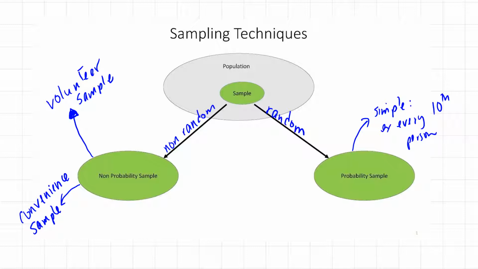That is an example of a simple random sample. You could layer them. In statistics, that's called stratified. So you're going to layer or group them and then make it random.